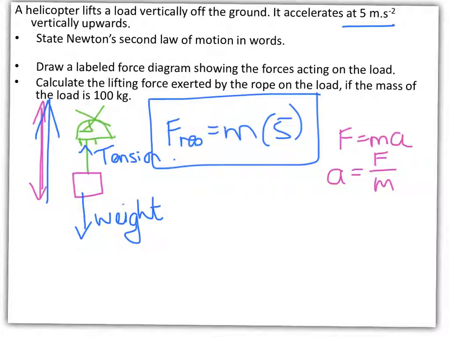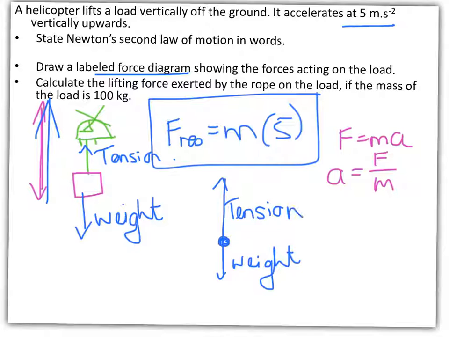Now, if I'm going to draw a labeled force diagram, this isn't unacceptable because force diagrams are not too fussy, but let's say that asks for a free body diagram. I would need to write weight, and I would then need to make the tension longer than the weight, because if the box is moving up or the load is moving up, the upward force has to be bigger than the downward force.